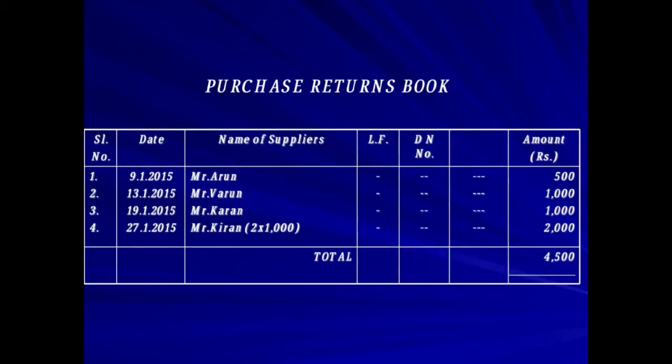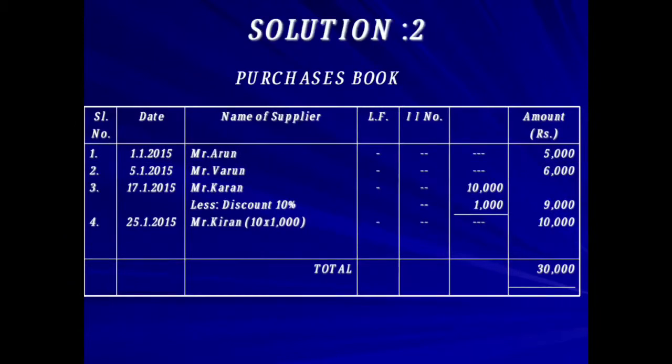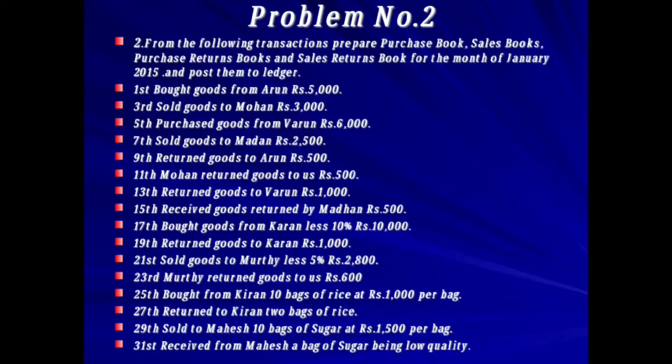Okay, the next entry we are having, that is on 21st, sold goods to Murthy less 5% rupees 2,500, sorry, 2,800. Okay, we have sold the goods to Murthy, means which you have to record in a sales book. Okay, 21st entry.